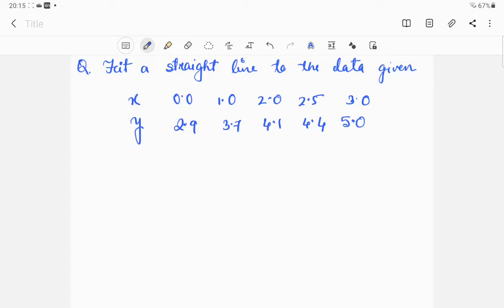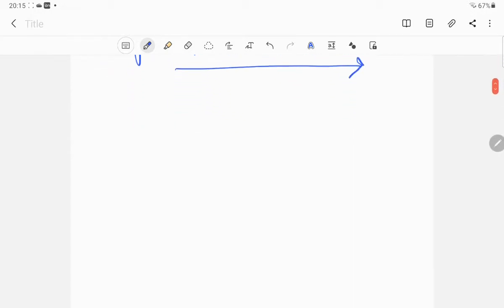When you get this table, which is a horizontal table, we will convert it into a vertical table. First, xi, then yi.